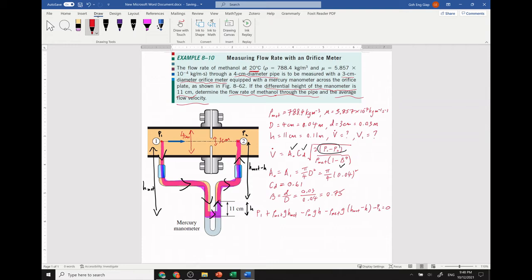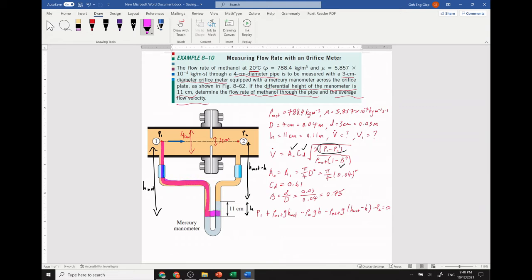So we start from P1 going down, plus rho g H mat, and then going up we minus. I think I do it this way, that will be clearer to you. Start from the top: P1 going down is plus rho g H mat.